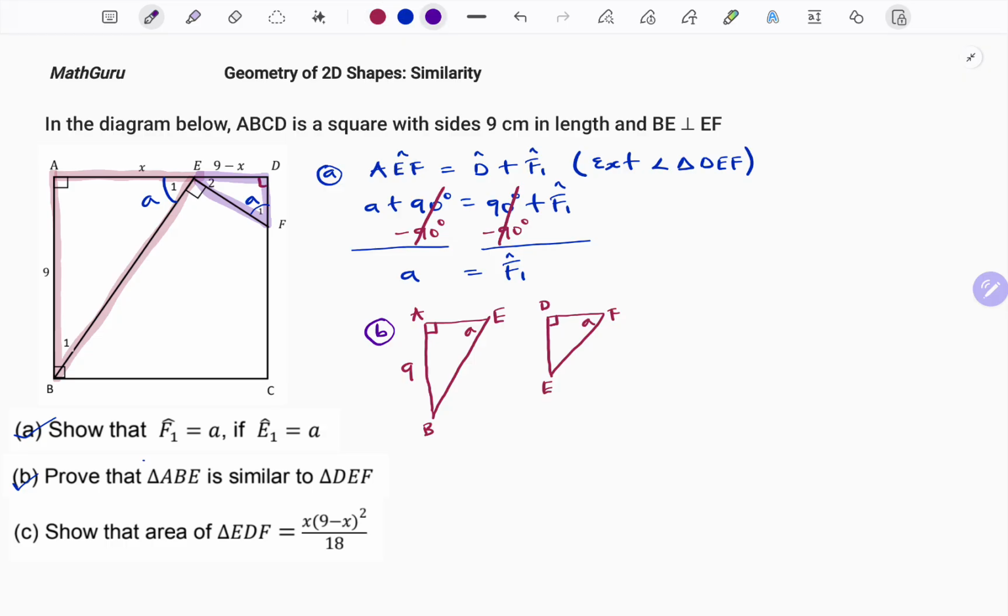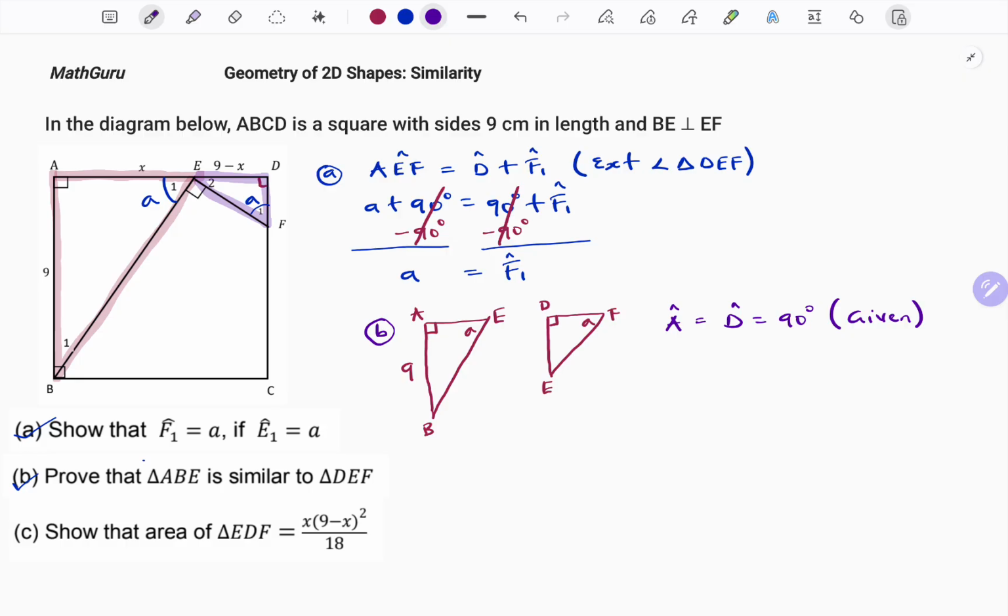So therefore, going to our proof, we have the angle A that's equal to the angle at D, and that is equal to 90 degrees. That has been given in the question because we were told that ABCD is a square.